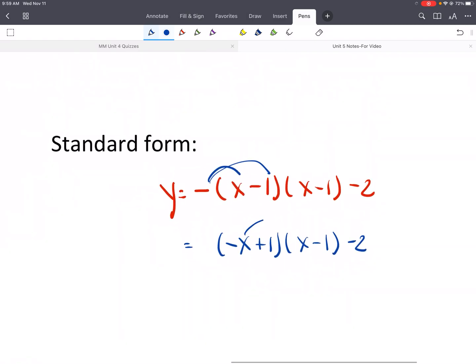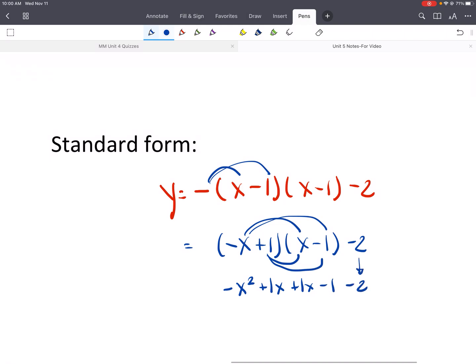And then we'll distribute again, so negative x squared plus 1x plus 1x and minus 1. Then we have a minus 2 from here. And we'd get negative x squared, combined like terms, gives us plus 2x minus 3.